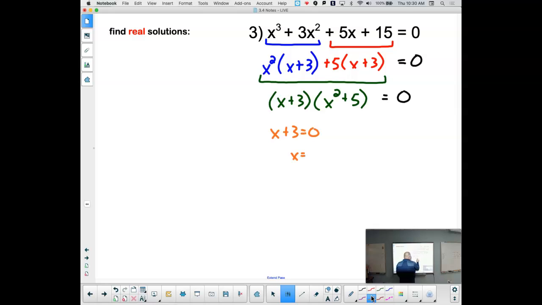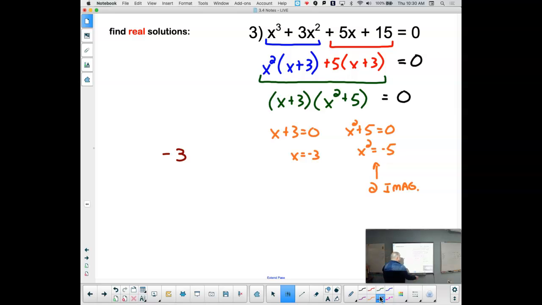So x there is going to be negative 3. And x squared plus 5 equals 0, x squared equals negative 5. So that's going to be 2 imaginaries again. So those get kicked out. So the only one that I have left is negative 3.